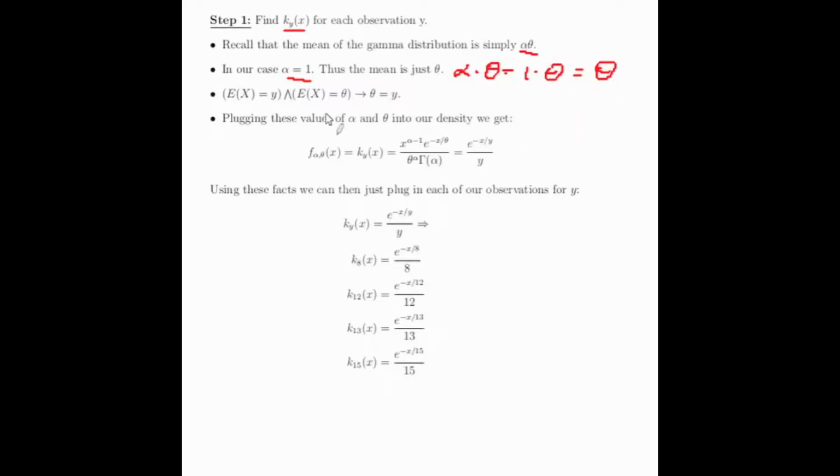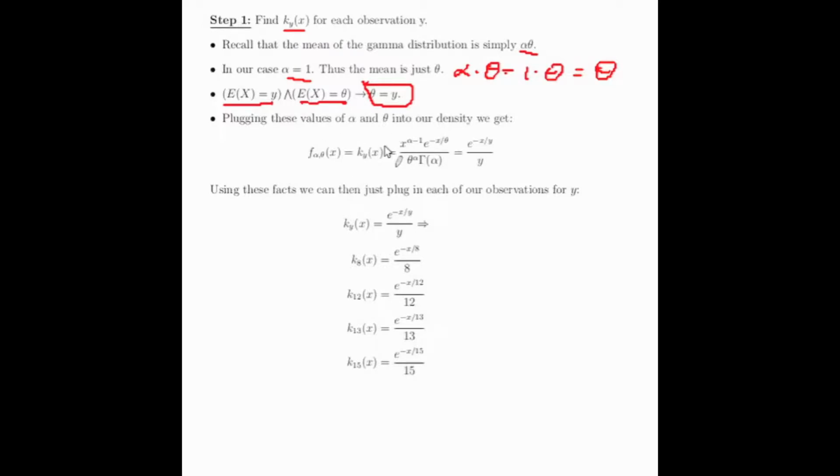Furthermore, we know from the properties of kernels that the mean needs to equal the actual observation in the data that we have. And from what we just looked at here, in our case, the mean is equal to theta. Then, if we combine both these statements together, we get that theta is equal to y.